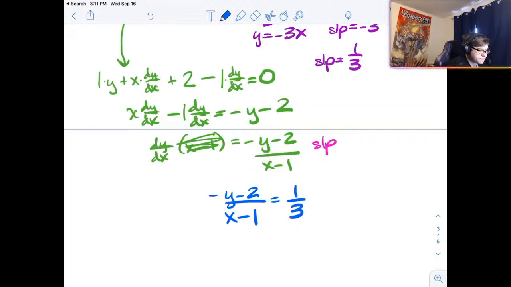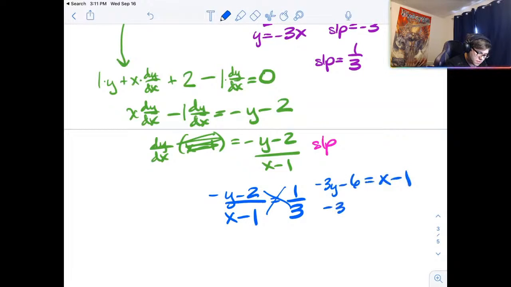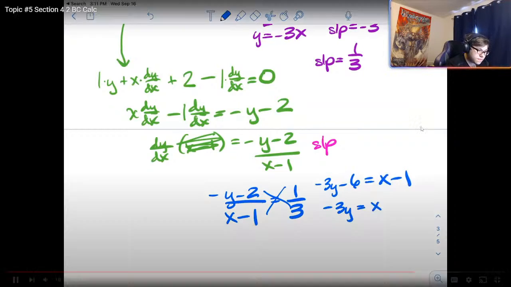That's a fancy way of saying, let's try to make this slope equal to a third. So I'm going to do a little bit of cross multiplying here. Okay, then. I get negative 3y minus 6 is equal to x minus 1. I think I will add 6 to both sides. Okay.